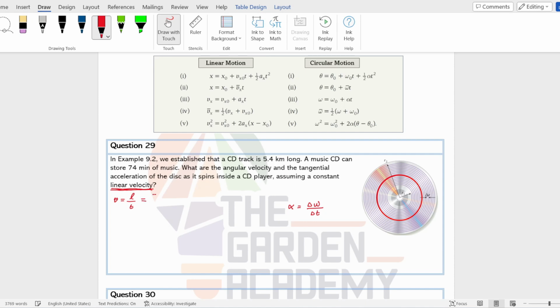So we will write down 5.4 times 10 to the power 3, which is equal to 5,400 meters divided by the time, which is basically 74 minutes. So we convert that to seconds by multiplying this value by 60. And the answer of this is equal to 1.216 meters per second.